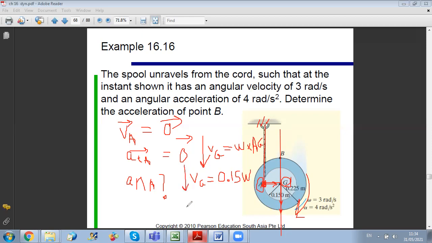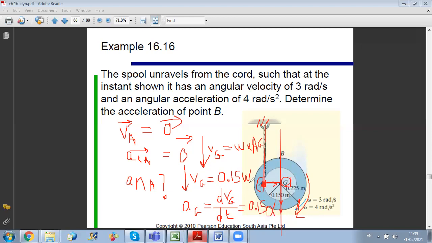So I can write that AG is simply the derivative of VG with respect to time. And the derivative of VG with respect to time is 0.15 times d omega by dt. So 0.15 alpha, because the derivative of omega is alpha.